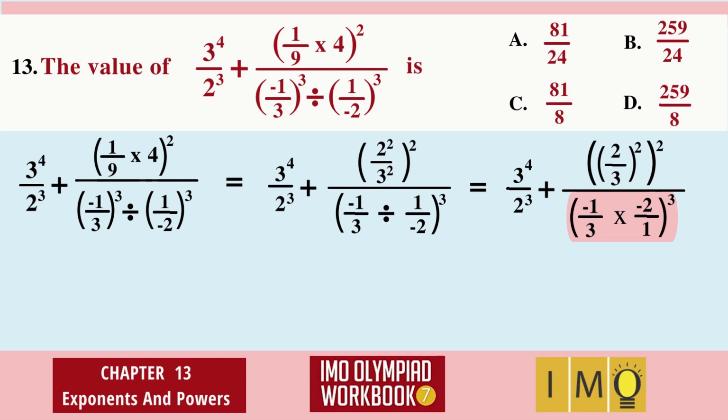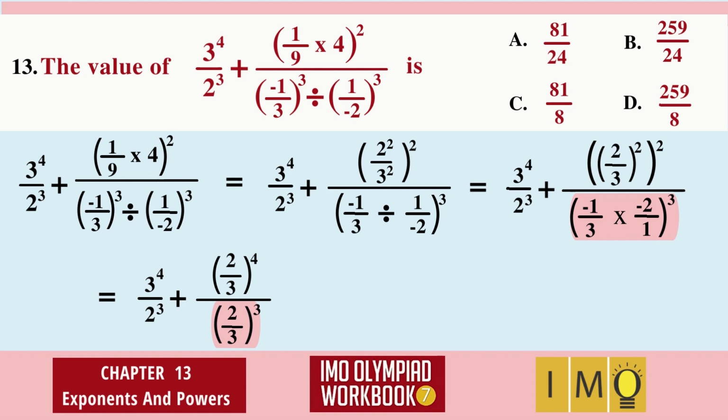Next step, 3 to the power of 4 by 2 to the power of 3 is still kept as it is. The numerator of the second term becomes 2 by 3 whole to the power of 2 into 2, which is 4. And the denominator becomes 2 by 3 whole to the power of 3.